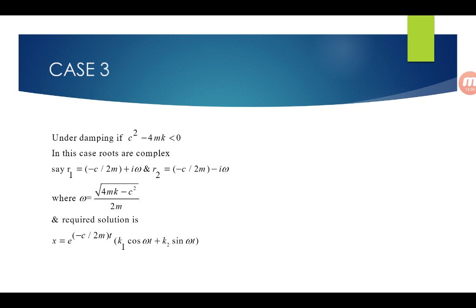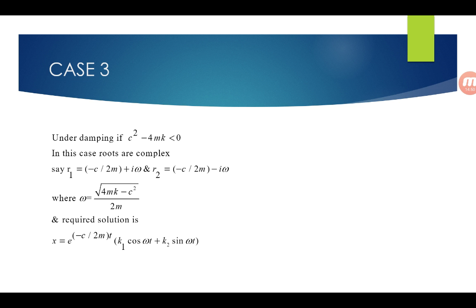Now the last case, where roots are complex, when c square minus 4mk is negative. Roots, which I'll denote by r1 and r2, occur in a complex conjugate pair: minus c divided by 2m plus minus i times omega, where omega is root of 4mk minus c square upon 2m, and the required solution is e to the power minus c divided by 2m into t, k1 times cos omega t plus k2 times sin omega t.